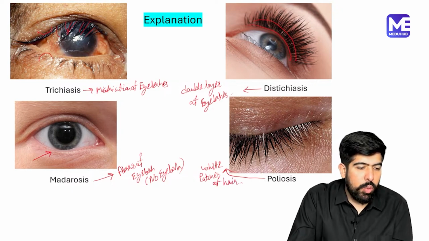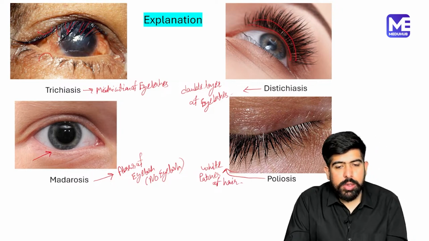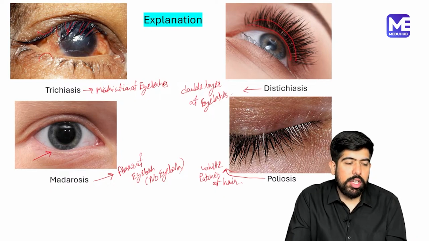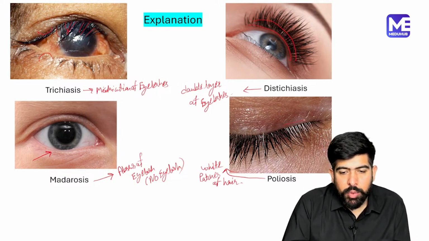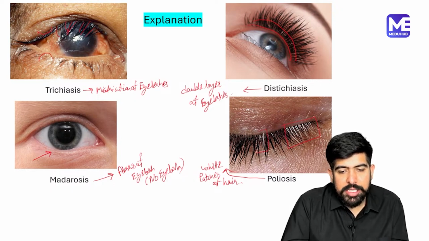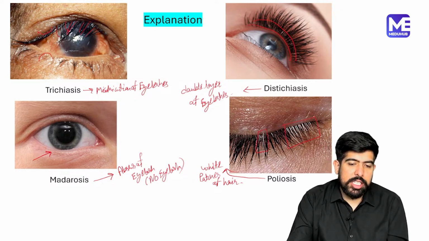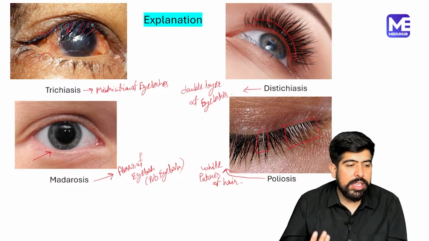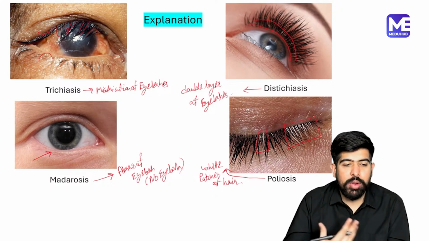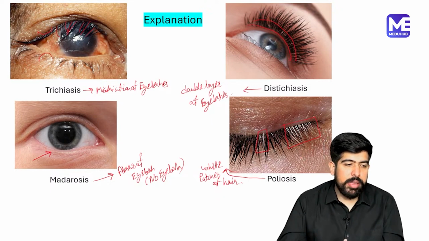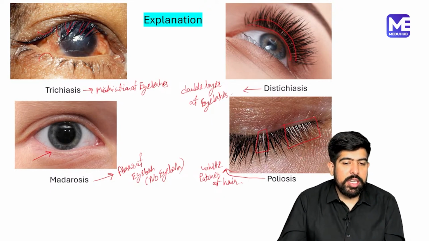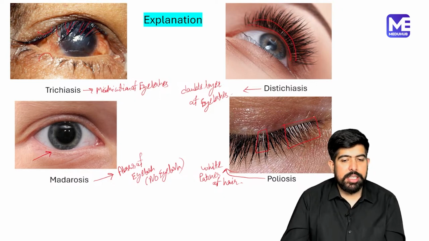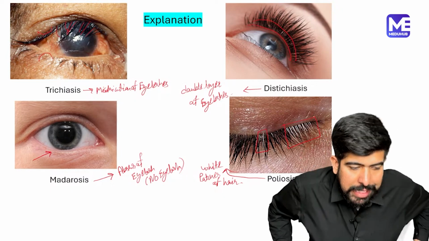Yes, white patches of hair will be seen in poliosis. In the image of poliosis, can you see here some white eyelash patches? This is known as poliosis. Of course, poliosis can be on the scalp also, maybe on the face, like on the beard also. But if it is on the eyelashes, it is known as poliosis, right? Is it clear to you?